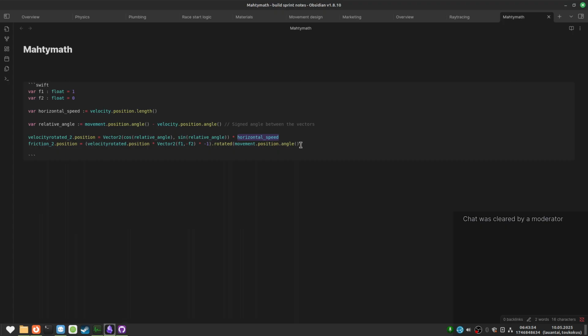Oof. The only thing that I don't like is that we're doing this rotation thing here, but I think we need it. There might be some trigonometry that would make this simpler, I don't know though. Well, yeah, but this is the code part, that's fine. I'm gonna figure out the math side now.